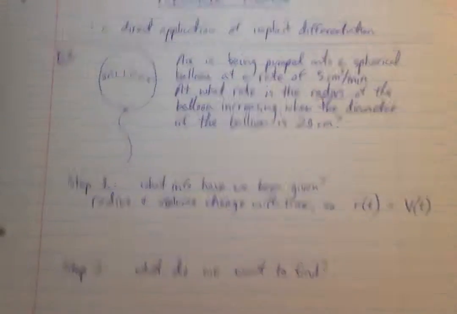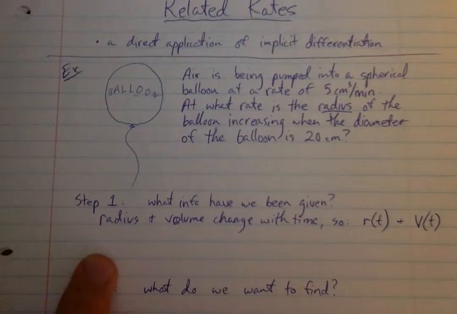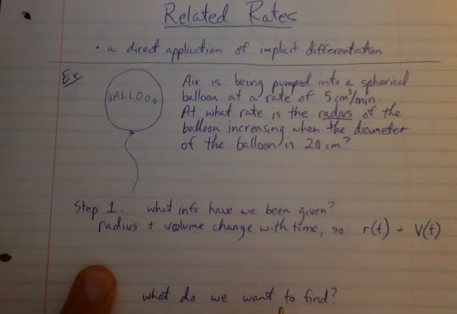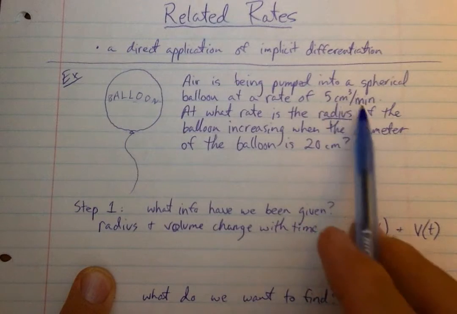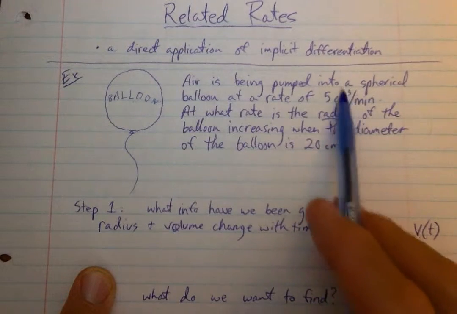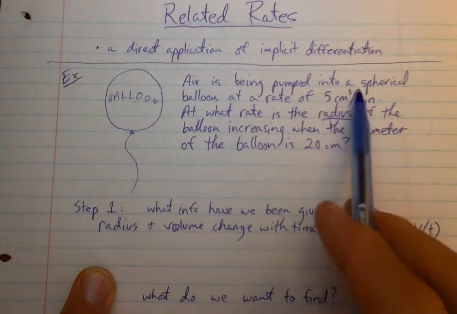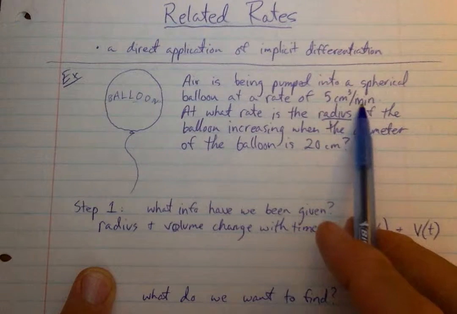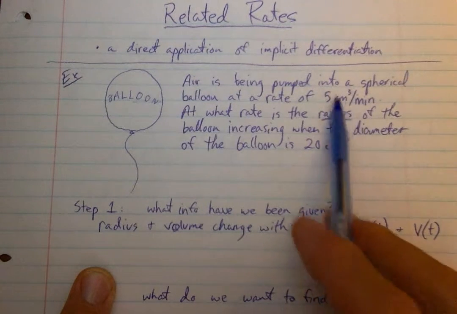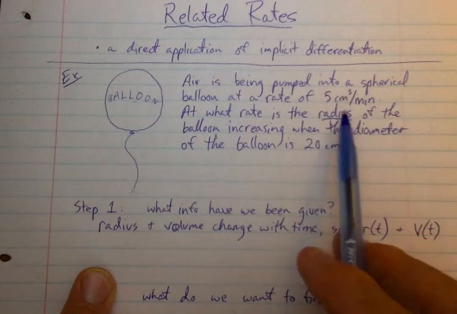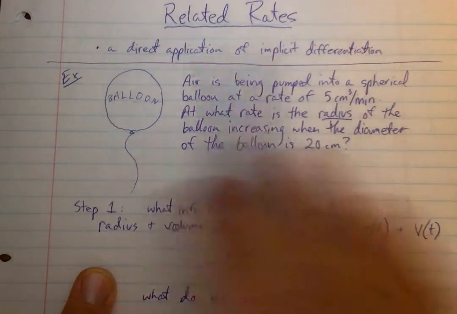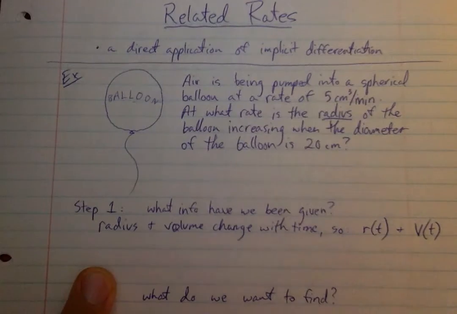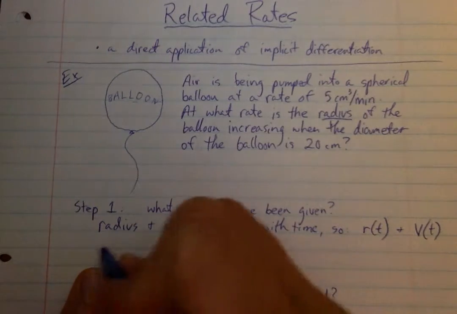Okay, great. What else do we know? What do they tell us here? They tell us that air is being pumped into the balloon at a rate of 5 centimeters cubed per minute. Centimeters cubed, you know from that cube, is a volume. And per minute means volume over time. That is the change in volume with time, which our calculus brain tells us is the derivative of volume.